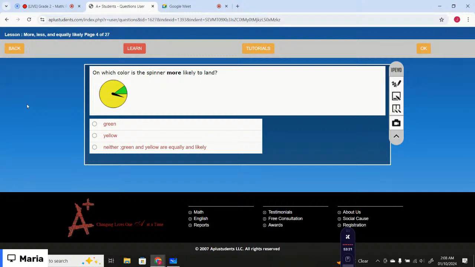On which color is the spinner more likely to land? So which is the correct option?